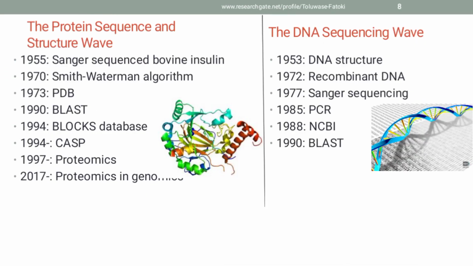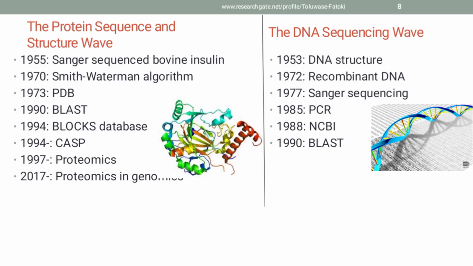Okay, let's go into some history. Let's talk about the history of protein sequence and structure, and also of DNA sequence. Specifically in 1955, Sanger, a particular scientist, was the first to sequence bovine insulin.